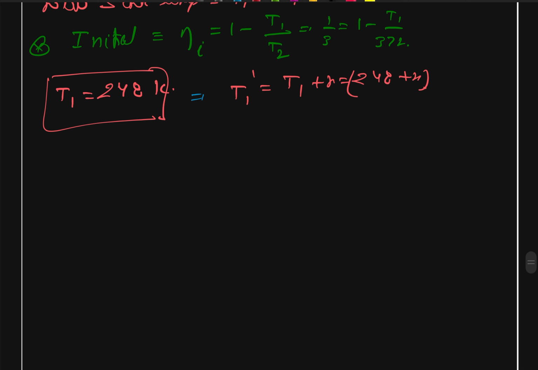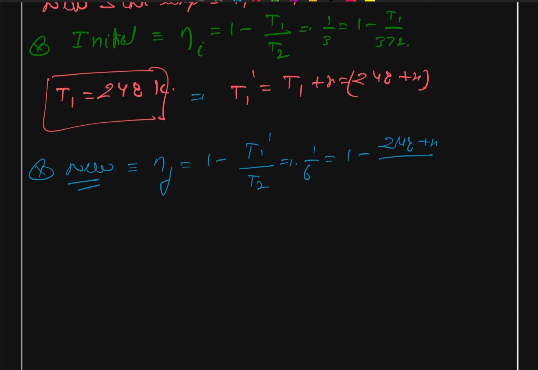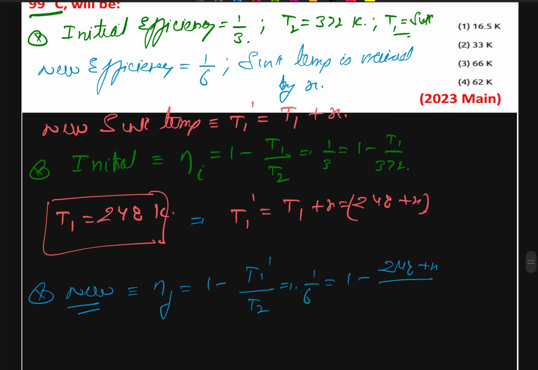Once again we can use the efficiency formula for the final. So we can say our new efficiency is equal to 1 minus T1 prime upon T2, which gives us 1 by 6 is equal to 1 minus (248 plus x) upon 372.